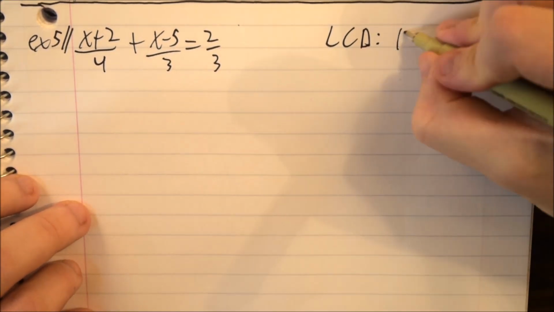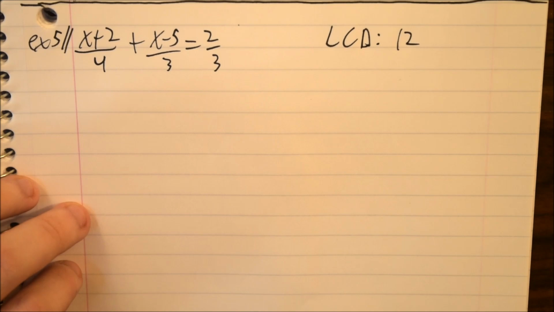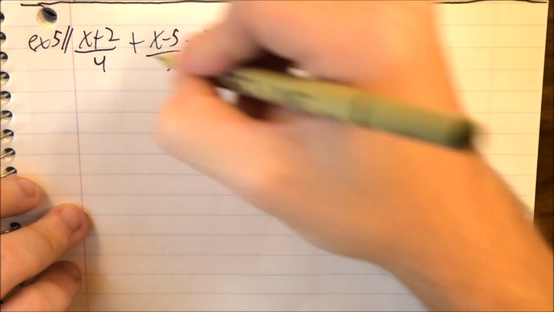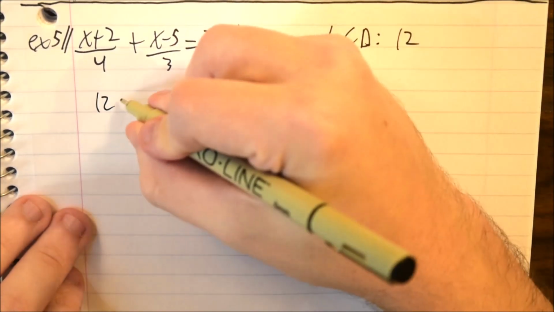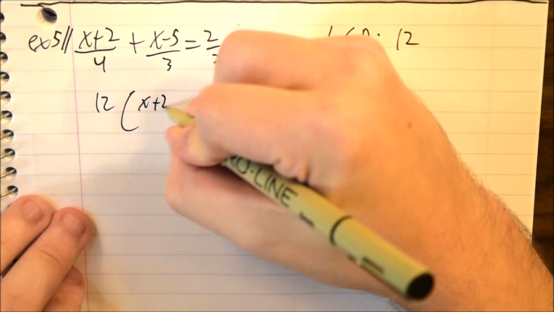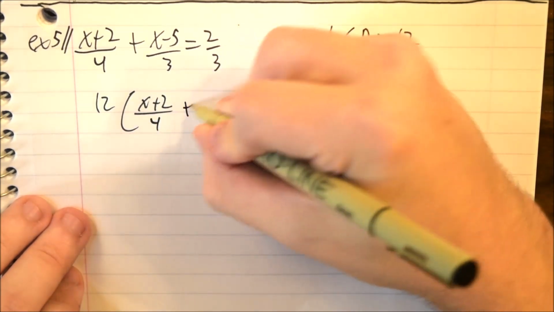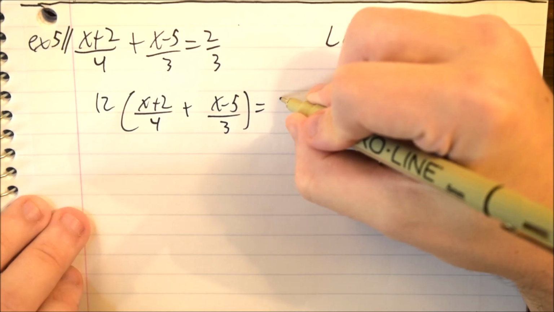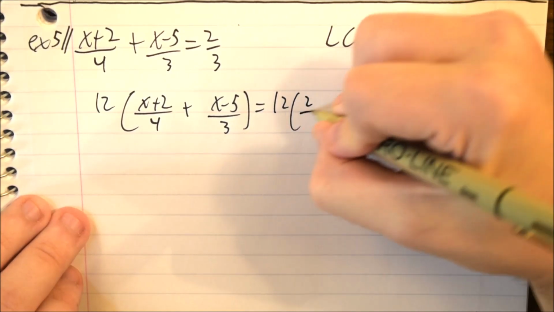And that number is going to be 12. So now I'm going to take this LCD and multiply both sides of the equation by it like this. So I have 12 times x plus 2 over 4 plus x minus 5 over 3 equals 12 times 2 over 3.